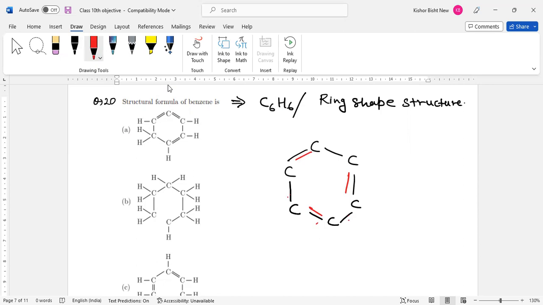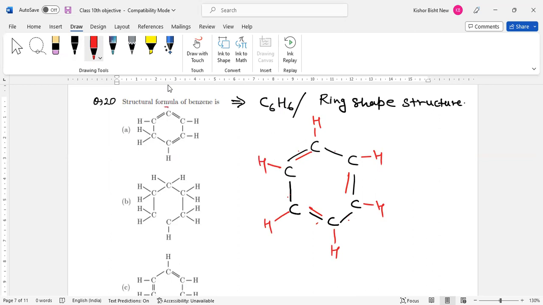All of you know that carbon has a valency of 4. You see here each carbon has made only 3 bonds, so 1 hydrogen is required. So you put a hydrogen with each carbon atom, and this is the correct structure of the benzene ring. This is also called an aromatic compound.